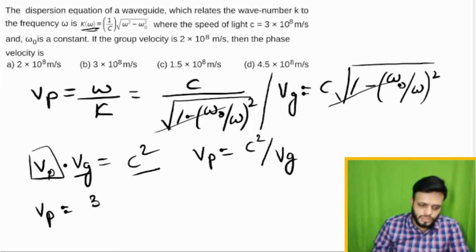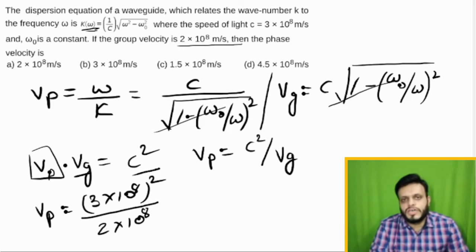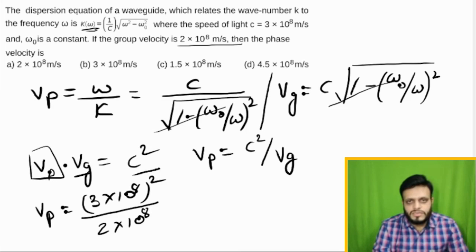Let me put the numbers here. Vp equals 3 into 10 power 8, the velocity of light, over the group velocity, given here as 2 into 10 power 8 meters per second. One thing to take care of in these kinds of questions is that the units should be consistent while putting in the values for the final calculations.